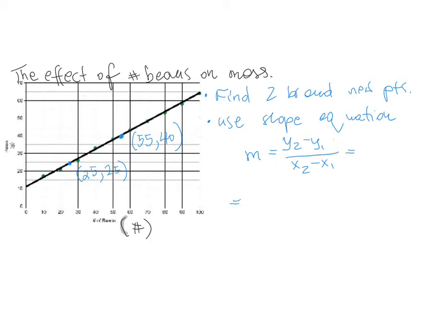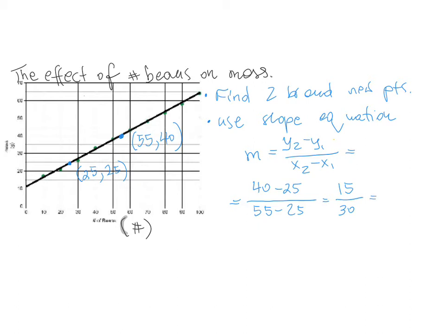So that looks like 40 minus 25 divided by 55 minus 25. I'm going to keep going, so I'm going to have 15 up on the top divided by 30.